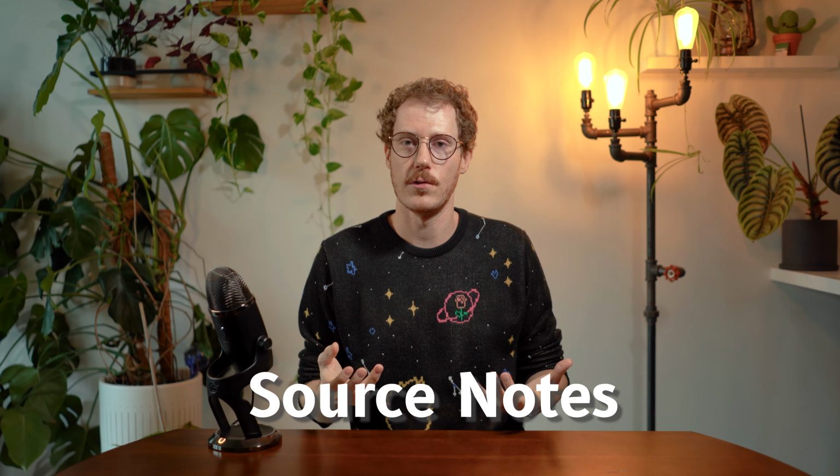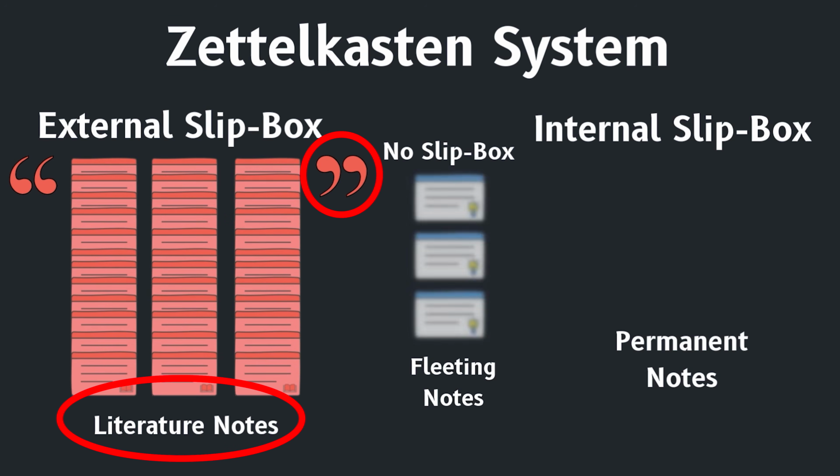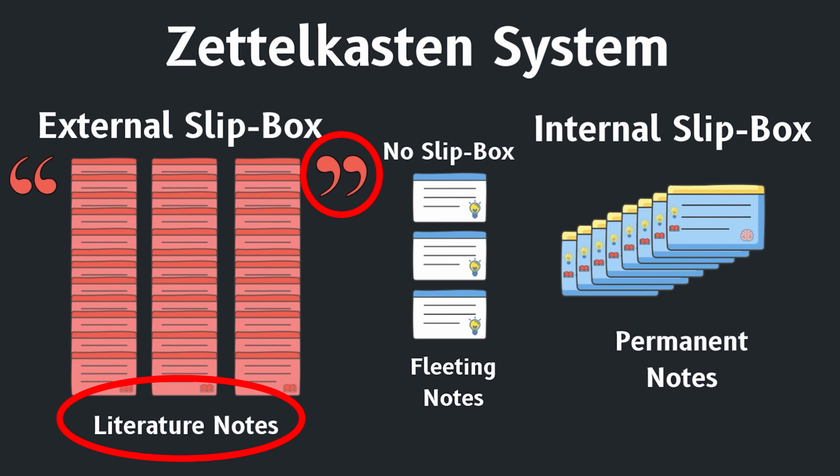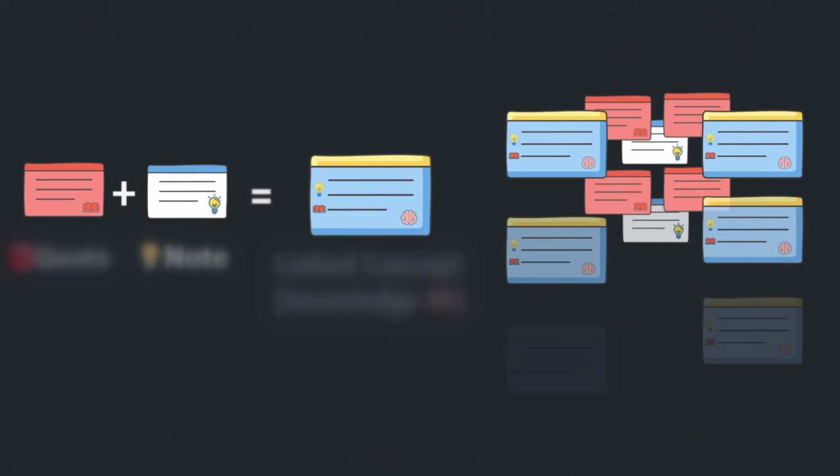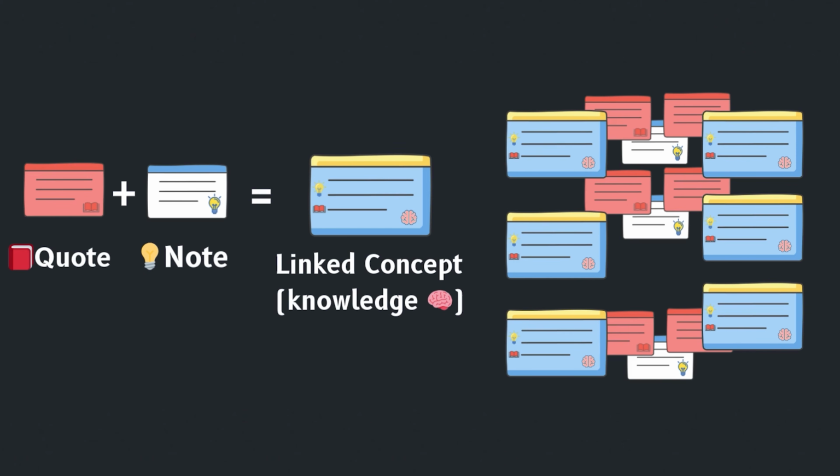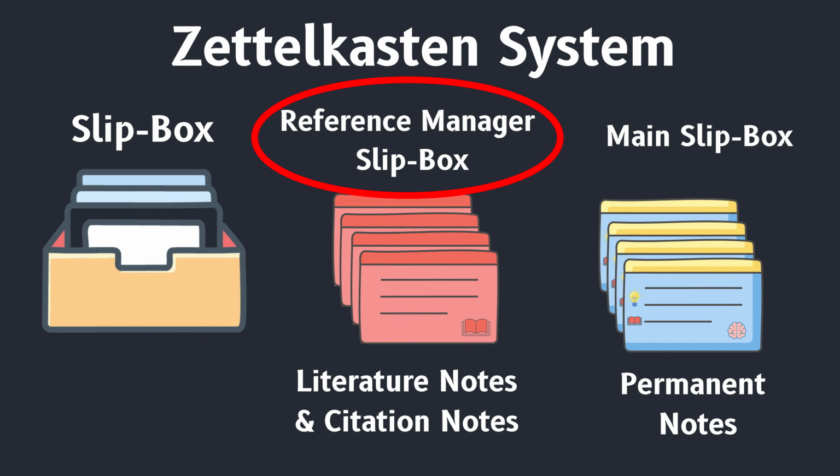And these are always linked back to the original source, which is why they're called literature notes. I personally think of them more as source notes. Literature notes are understandable in the context of the source so that you can go back later and know exactly where the information came from. This is why they form part of the reference manager slipbox in the Zettelkasten system.